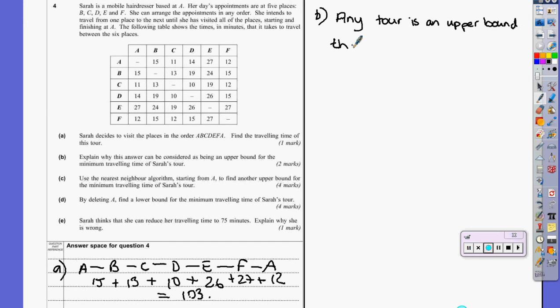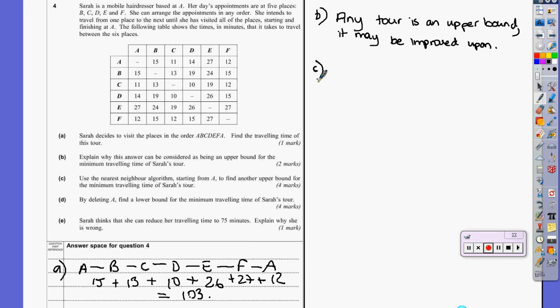But the last bit is that it may be improved upon. So that's your classic answer that's in the books.